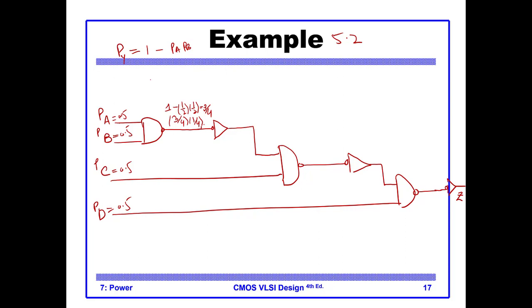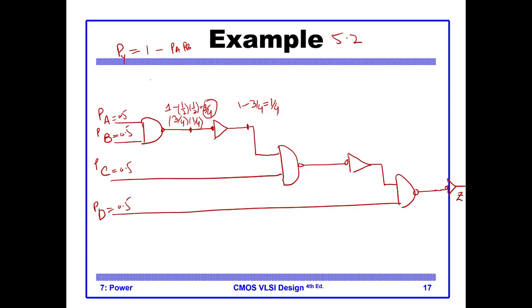Then moving to the NOT gate. NOT gate probability is the opposite. So if this is the probability of this node to be high, then the probability of the output of the NOT gate to be high is 1 minus 3 by 4, which is 1 by 4.